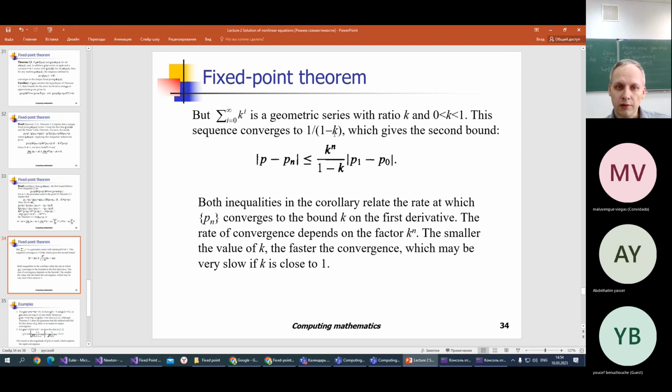On the right-hand side of this inequality, we see the initial pair, P1 minus P0, the difference between the first two points, and some factor that depends on k: k power n over 1 minus k. k is a bound of the first derivative. k is the upper bound of the first derivative of the function g of x.